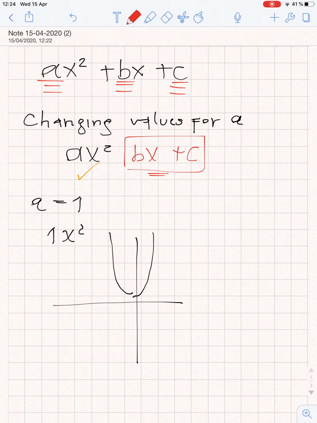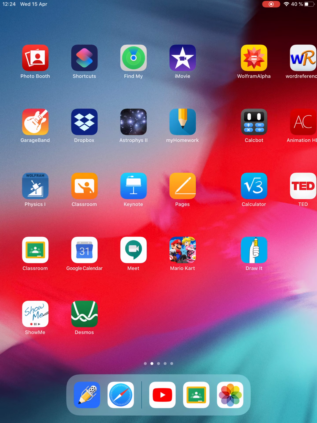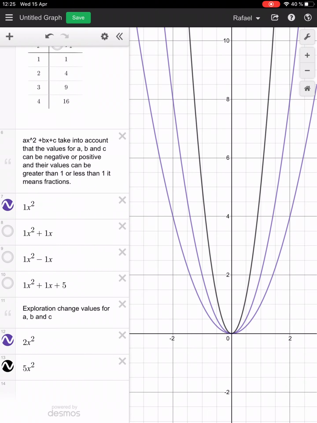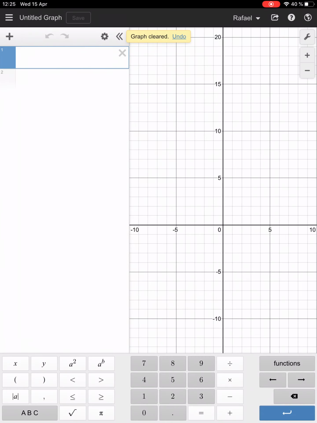Now, what happens when the value of a is different to 1? For example, a equal 3. We can find that the same curve is going to be closer to the y-axis. In this sense, for example, we are going to explore Desmos. Let me open a new sheet.